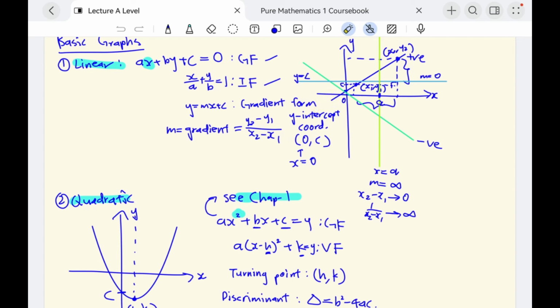I believe all of you math students already know the gradient form, y equals mx plus c, where m is your gradient and c is your y-intercept. And what is the formula, how do you find your gradient and your y-intercept? I believe you are also familiar with these two things from your secondary school. This one we will discuss further in chapter 3, which is coordinate geometry.